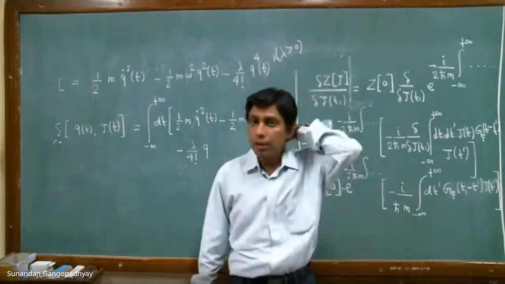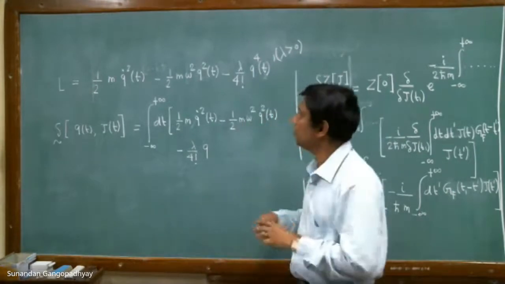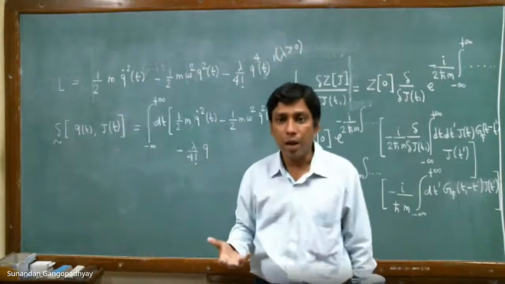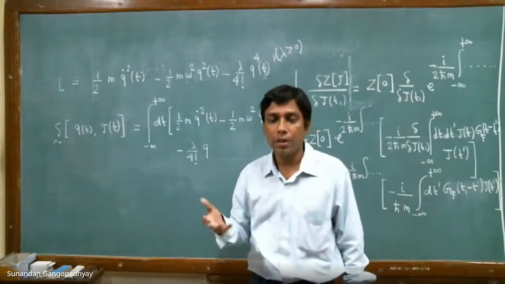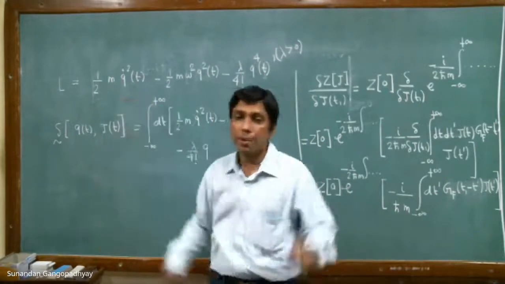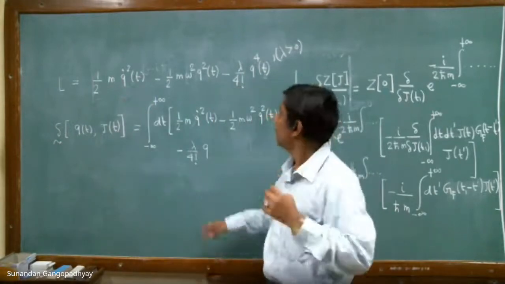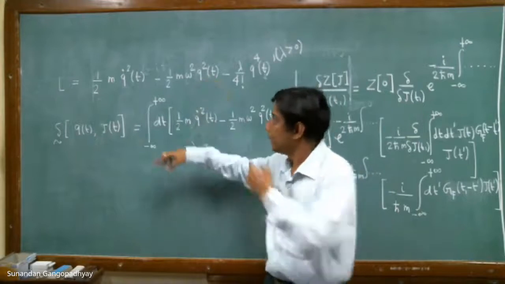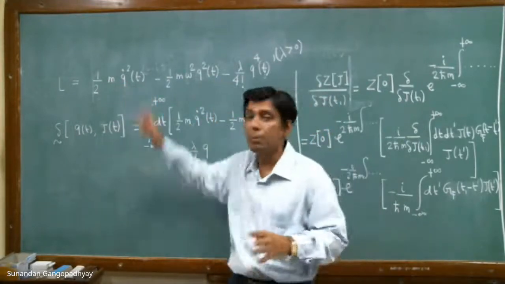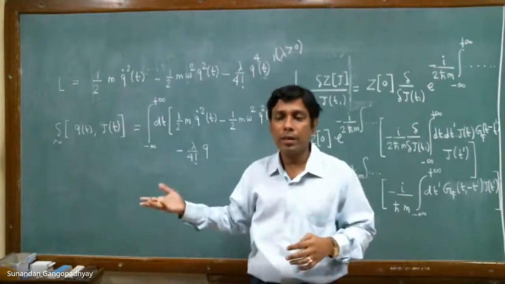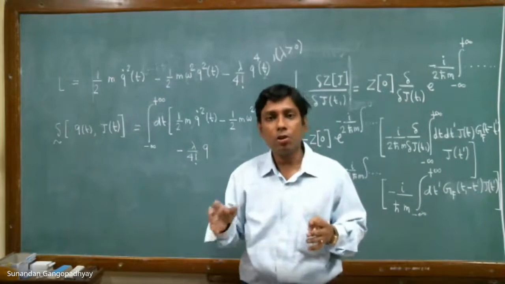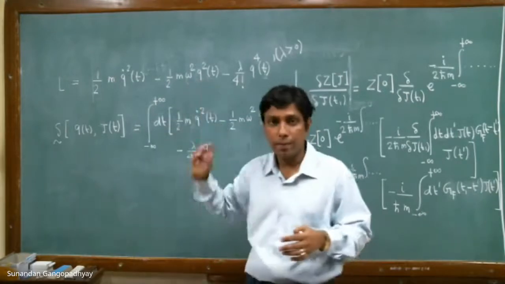When we do field theory, the analogous thing there would be that q will be replaced by the field phi, which is a function of the space-time coordinates, function of x and t. So q gets replaced by phi. So you have a phi square here. In the Hamiltonian, you will have a pi square. In the quantum mechanical scenario it is p, but in the field theory it will be pi, which is the canonically conjugate field momentum to the field phi.